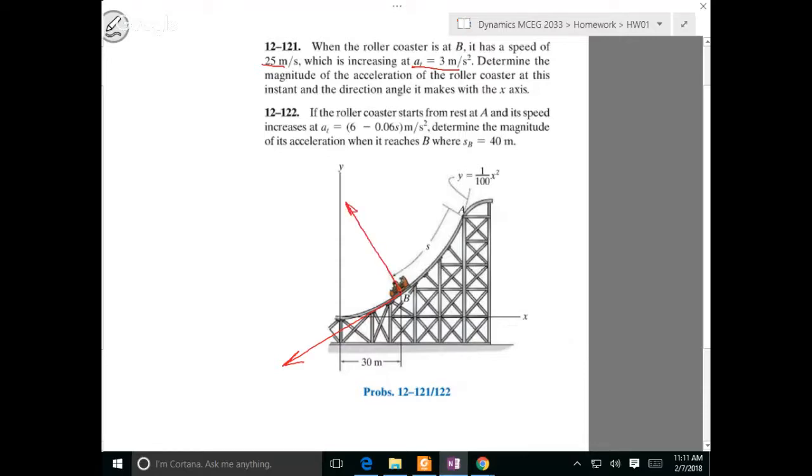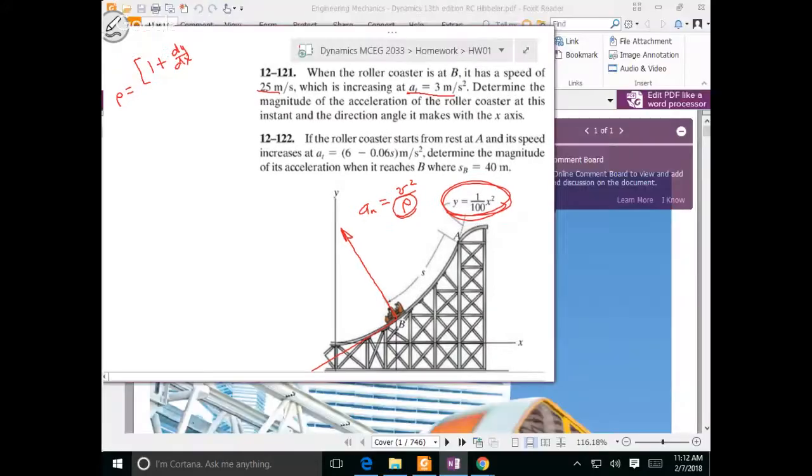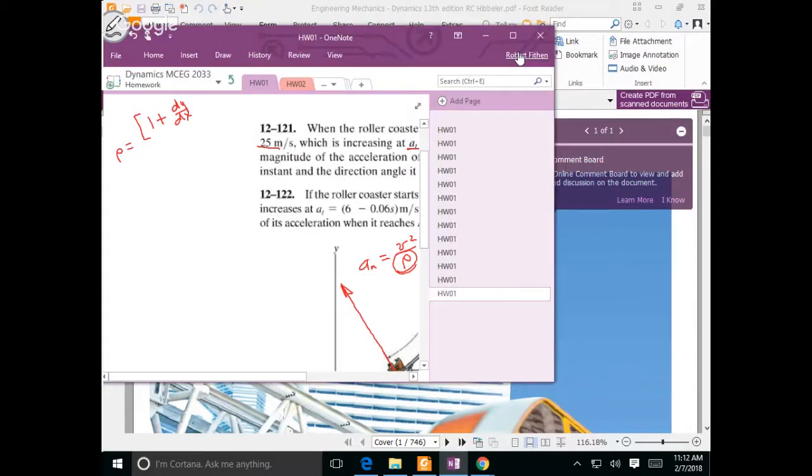That's the normal. So you've got acceleration in that direction, v squared over rho. Your biggest annoyance is to take this thing and go into that. What's that? Rho. Okay, I'm going to try to remember this, but there's no guarantees here. It's 1 plus dy/dx, and then... what happened there?